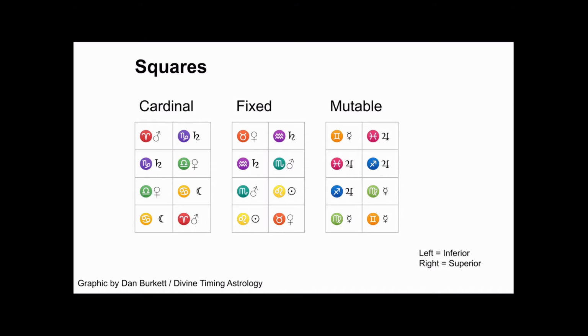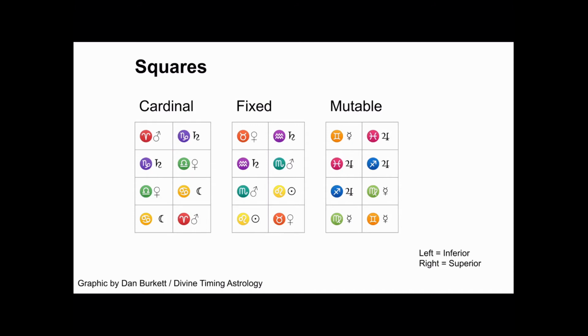Now, as you look at the way the rulership scheme is divided here, I think you start to notice some interesting things, right? The most obvious thing that's noticeable straight off the bat is, when you look at the mutable signs, it's only Jupiter and Mercury that rule the mutable signs, and Jupiter and Mercury aren't involved at all in any of the cardinal and fixed signs as domicile rulers, right?